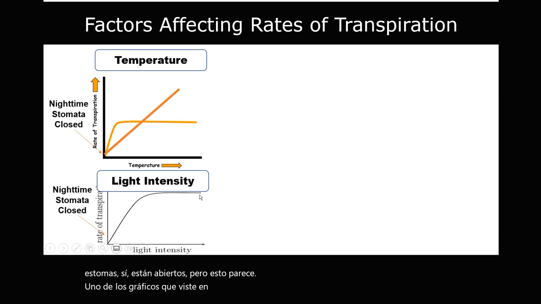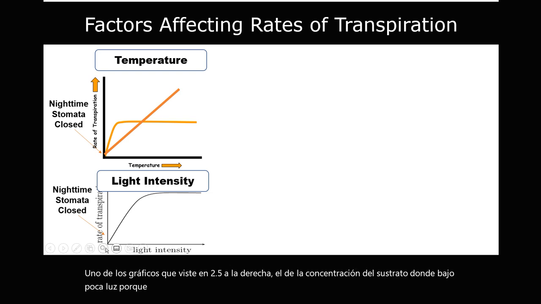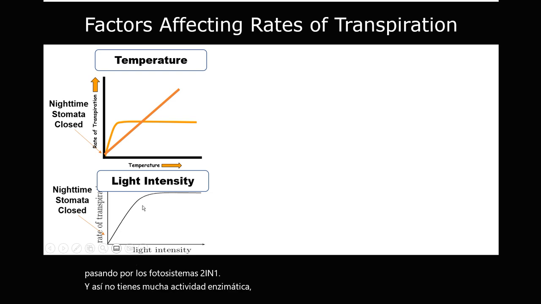The one of substrate concentration, where under low light, because light is a substrate of photosynthesis, there's not much going through photosystems 2 and 1, and so you don't have a lot of enzymatic activity. But as the light increases, it will plateau once you have maximized your enzyme usage.